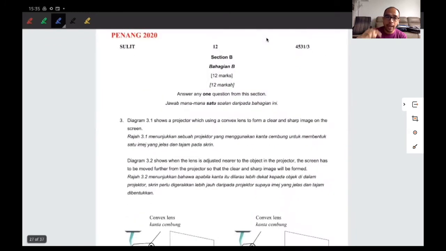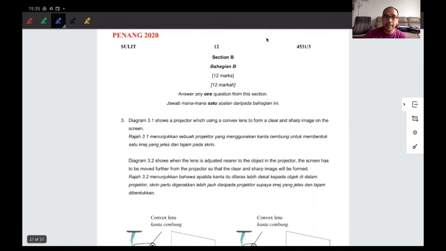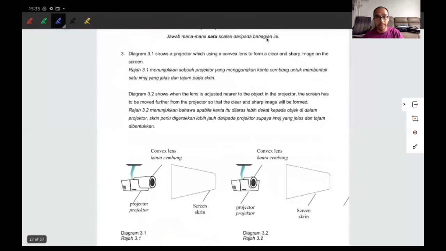In the Penang question number 3, you are given a projector, to form a clear and sharp image on the screen. When the lens is adjusted nearer to the object, this refers to the object distance, the screen has to be moved further.